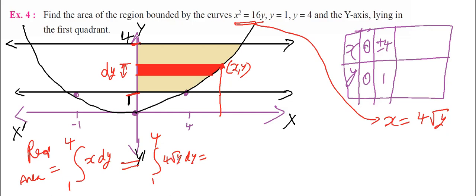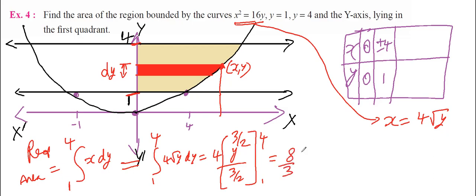This 4 is constant, I am taking it out, and then the integration of root y is y to the power of 3 by 2 upon 3 by 2, and then you put the limits 1 to 4. This 2 will come up, so it will be 8 by 3, and then I substitute the value of y as 4.